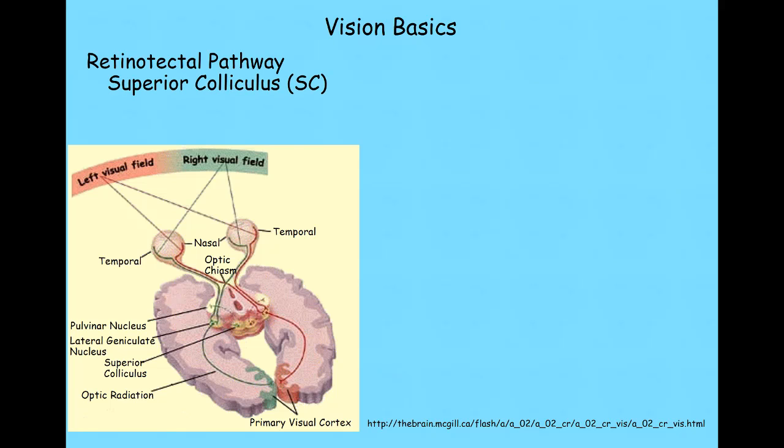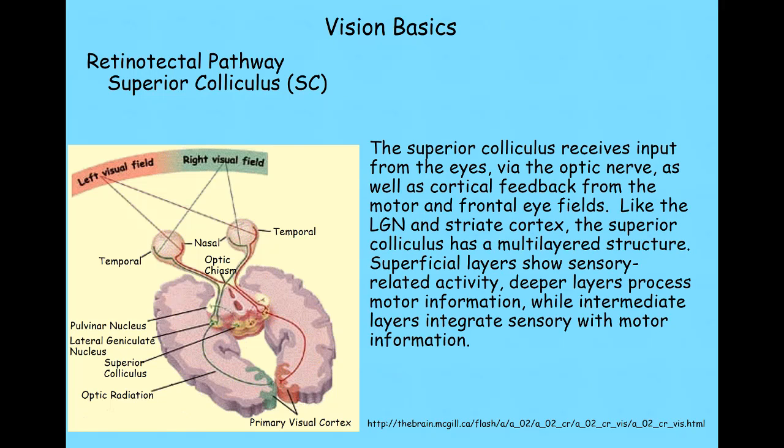Let's look a little more closely at the superior colliculus now. The superior colliculus receives input from the eyes via the optic nerve, as we've said. It also receives cortical feedback from the motor and frontal eye fields, which we'll look at in a little bit. Like the lateral geniculate nucleus and the striate cortex, our superior colliculus has a multi-layered structure, six layers, in fact.